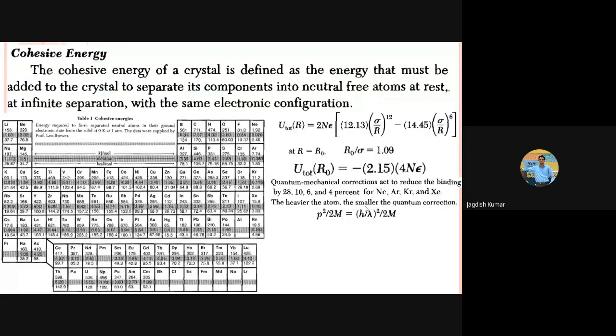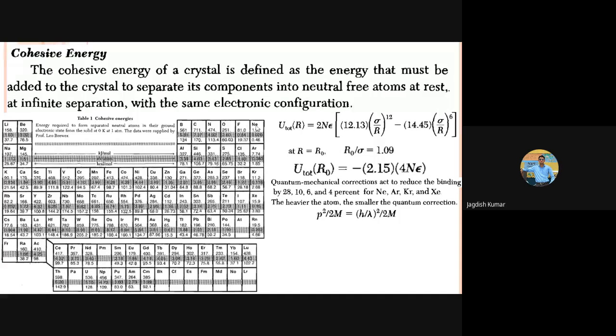I hope that's okay. Then comes the cohesive energy. What is cohesive energy? The cohesive energy of a crystal is defined as the energy that must be added to the crystal to separate it into free atoms at rest at infinite separation with the same electronic configuration.